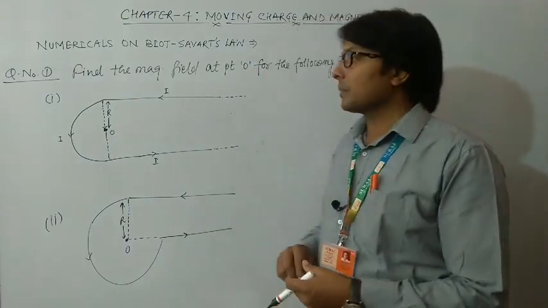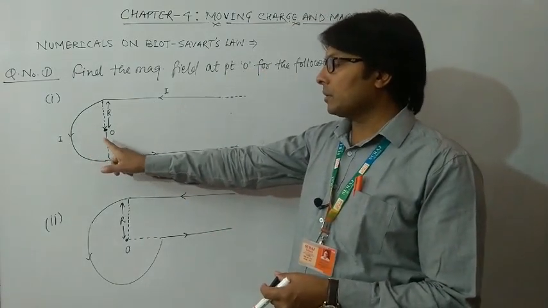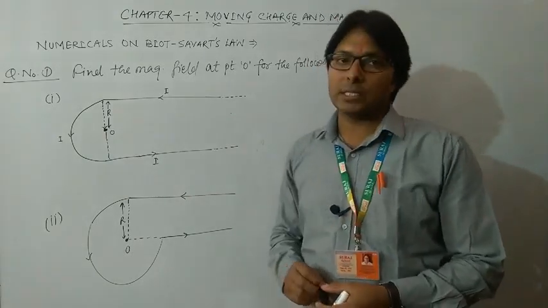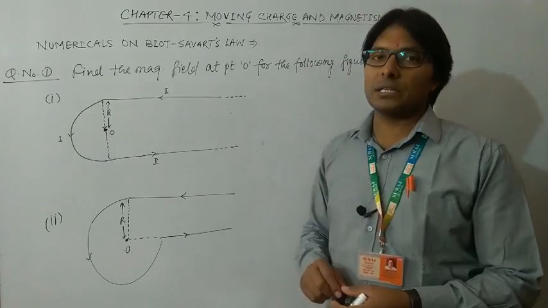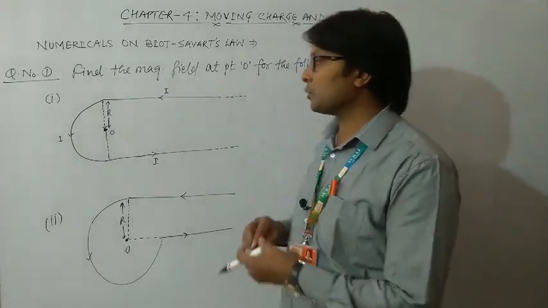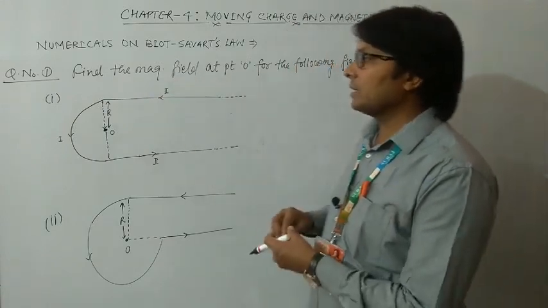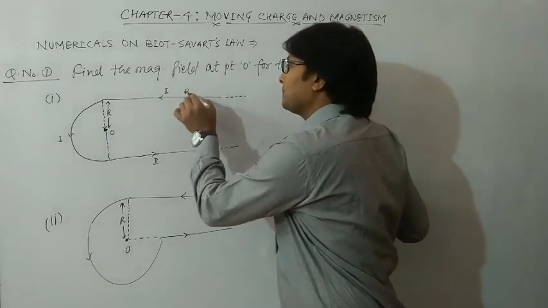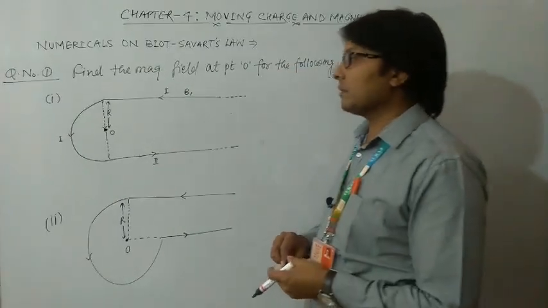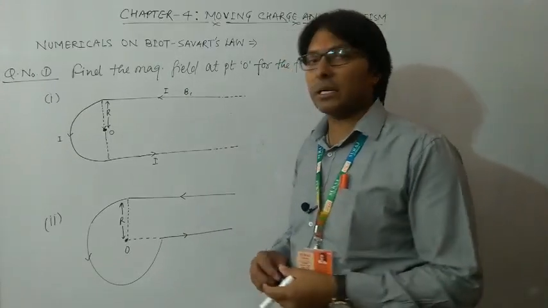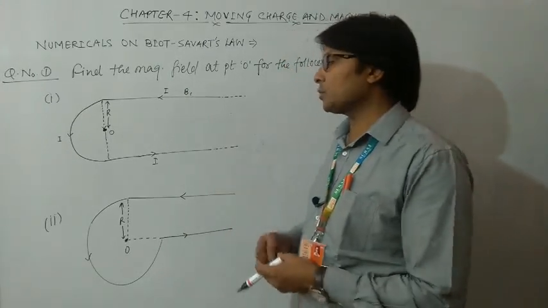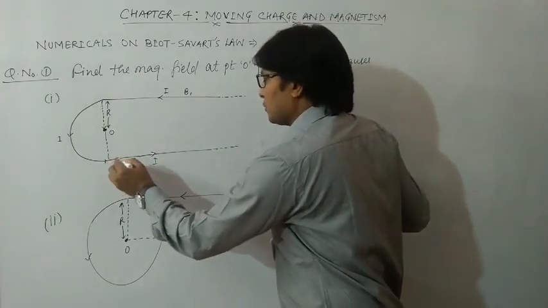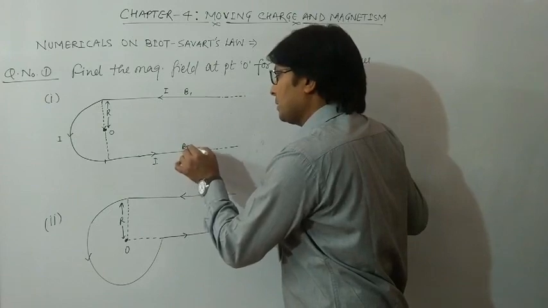Definitely the magnetic field at point O will have contributions from more than one part. The very first is due to this wire. Suppose the magnetic field at point O due to this wire is B1. Next, the contribution of this segment of wire I have denoted by B2.